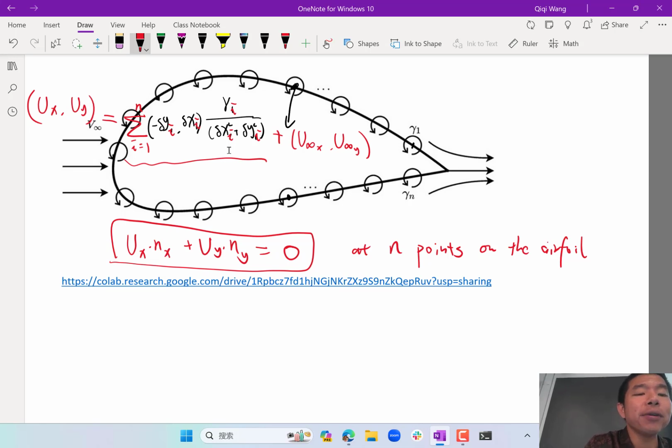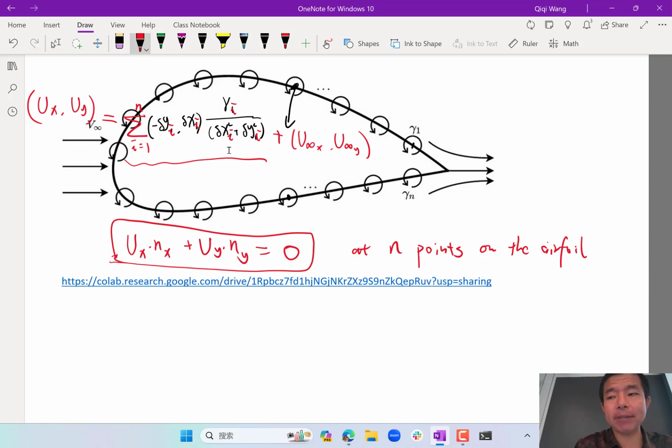So ux.nx plus uy.ny at each point is a linear function of the gamma i's. So really there you have 3n equations? I have n equations, not 3n equations, because at each point I have one equation. And I also have n unknowns because the gamma i's are unknowns.